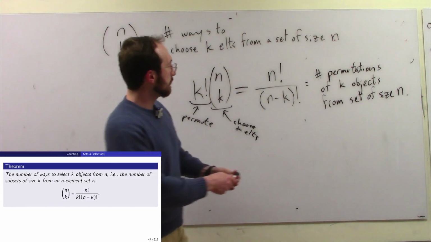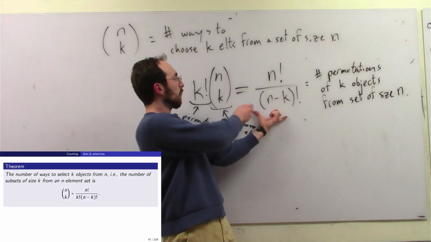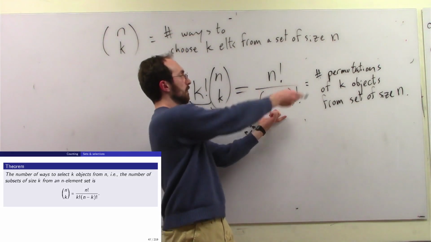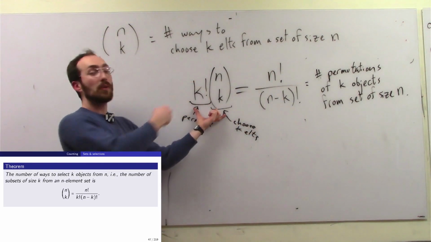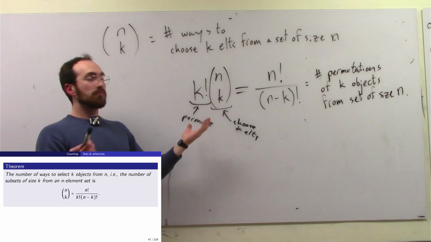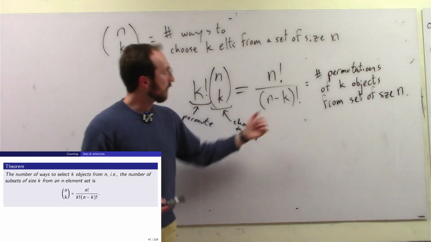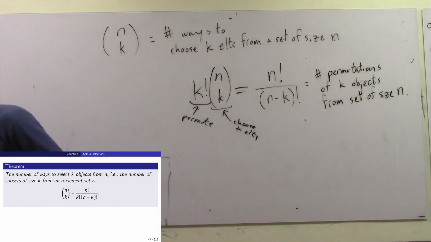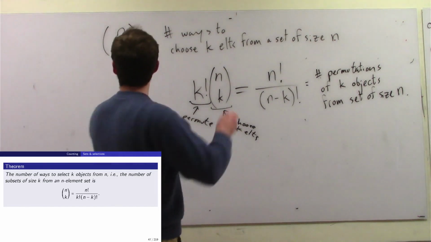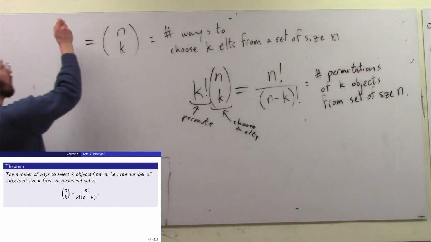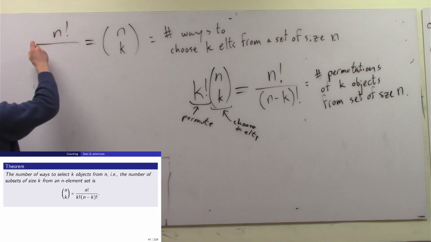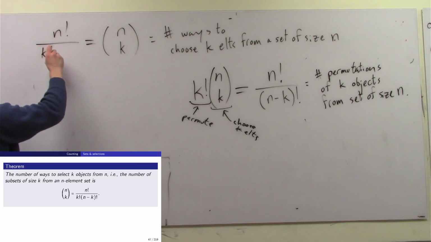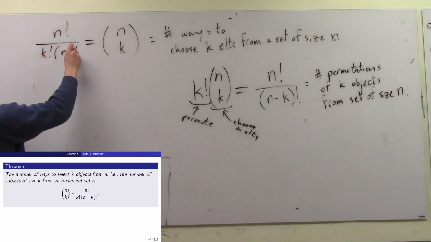The idea is if one side of this equality counts something and the other side counts the same thing, they have to be equal, even if they look different. Now, this is great. Now let's write this up here. We actually have a numerical value for our n choose k.